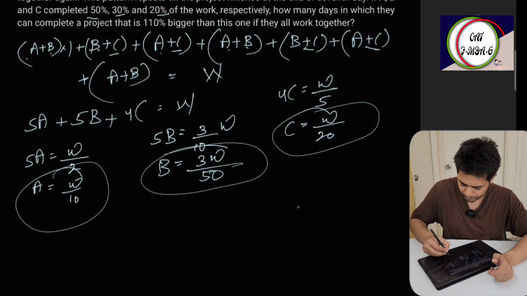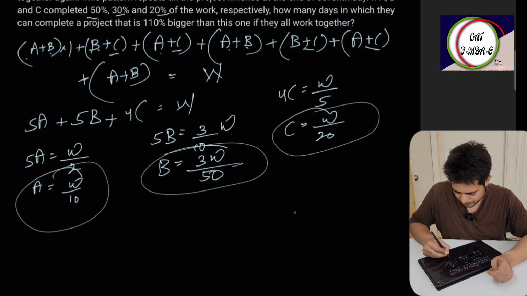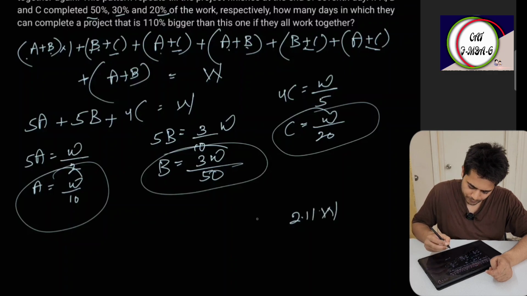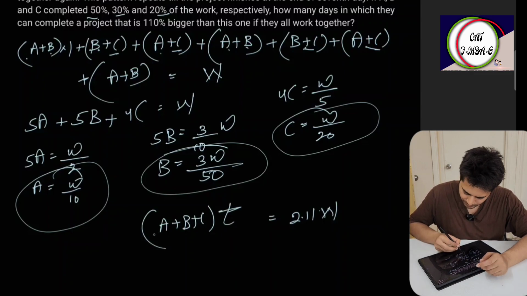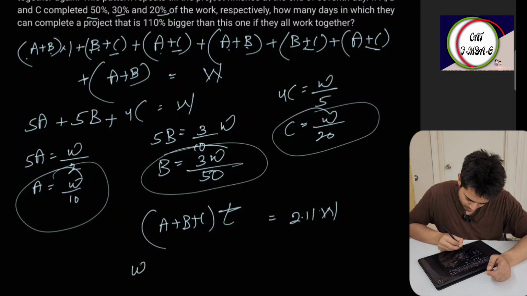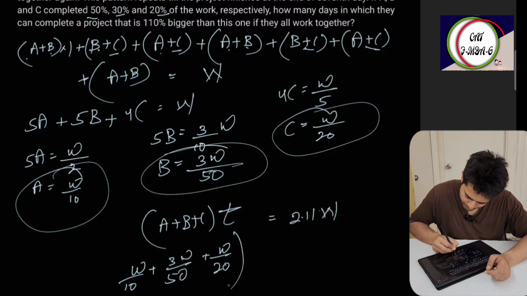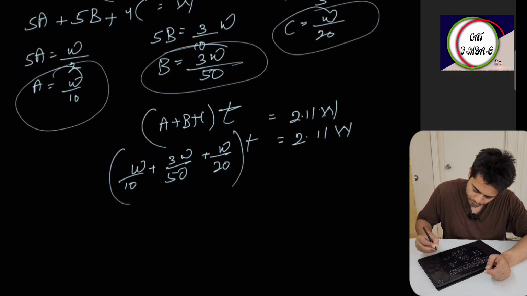So 110% bigger means 2.11 W. If they all work together, so A plus B plus C into, let the number of days be T. So A is W by 10, B is 3W by 50 and C is W by 20 into T is equal to 2.11 W.